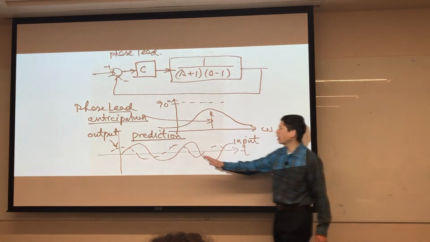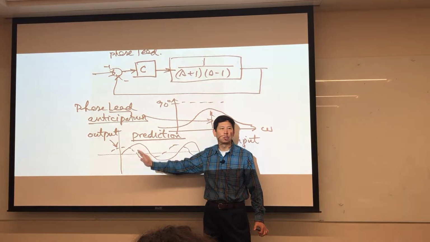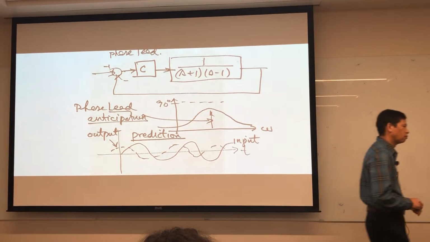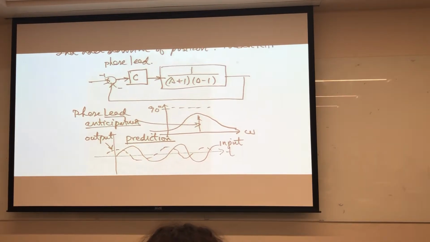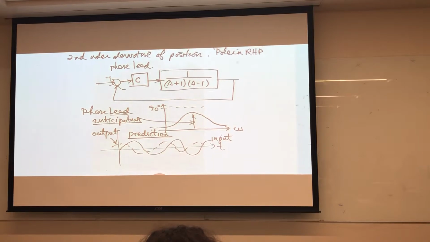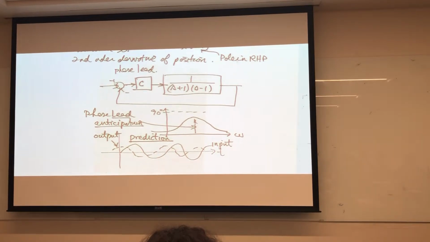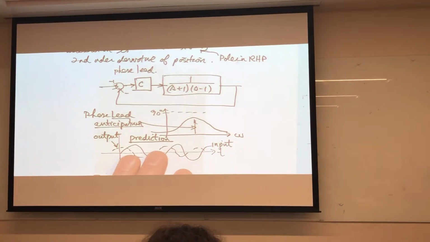If you know in advance what's going to happen, you'll probably do better at whatever the task is. That's what we always wanted to do. That's what people in the stock market want to know. They want to anticipate what's going to happen so that they can make money.